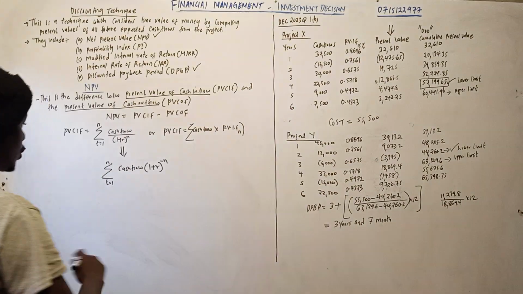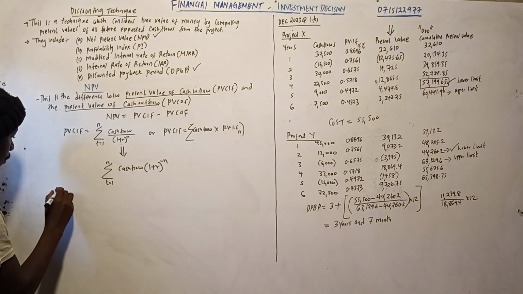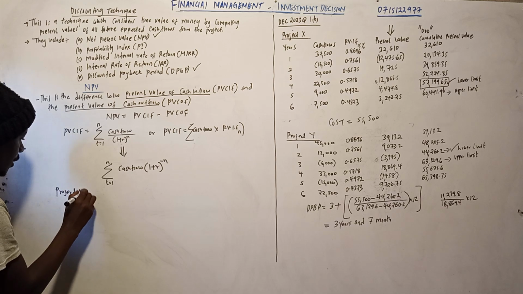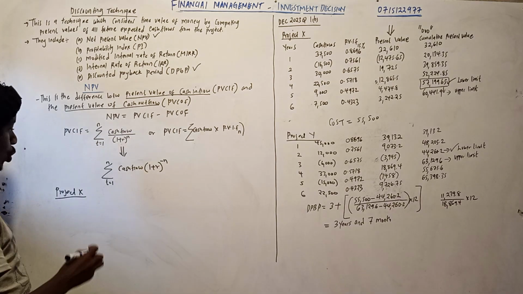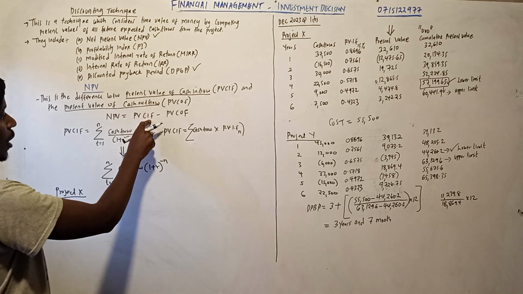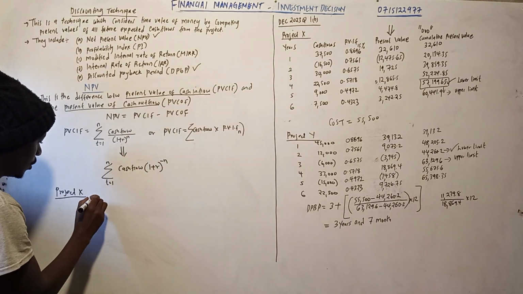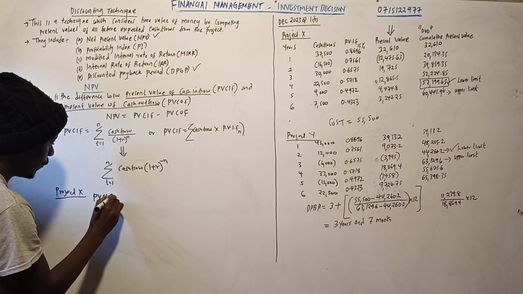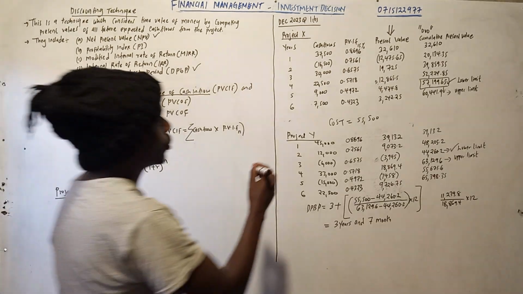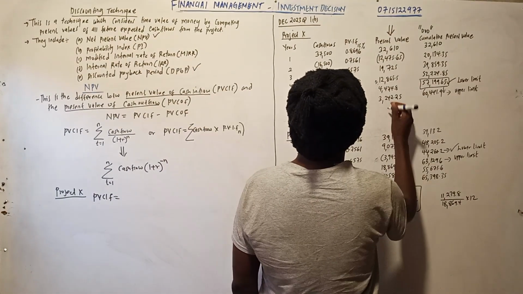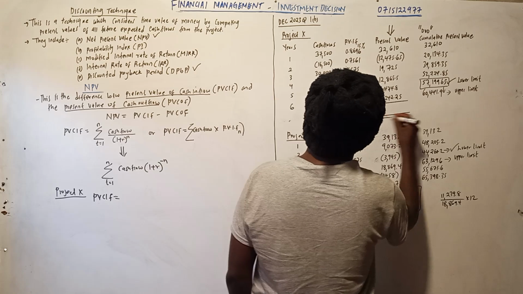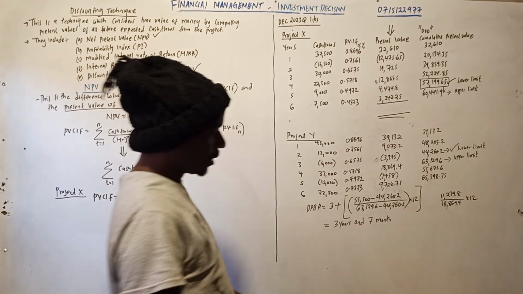So for example, let us do project X NPV. We need to find the present value cash inflow factor, PVCIF. You add this summation zote. So now add this yote.